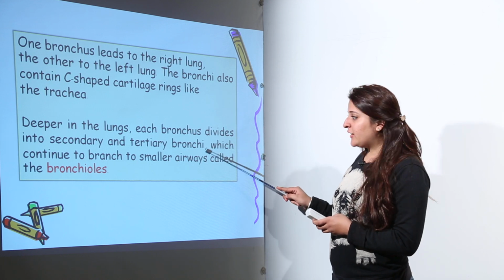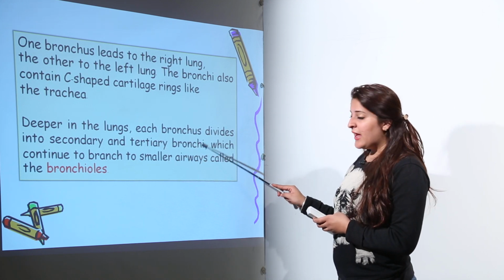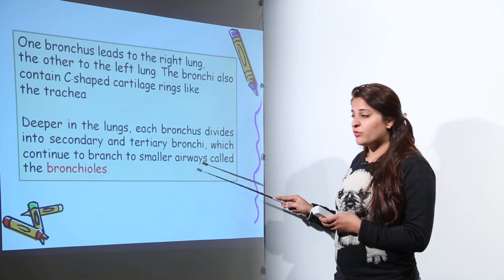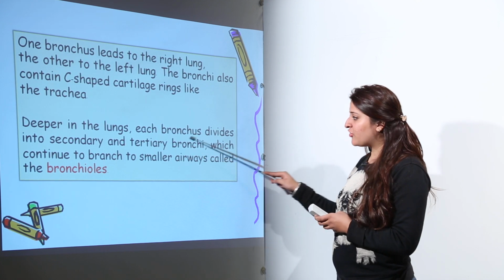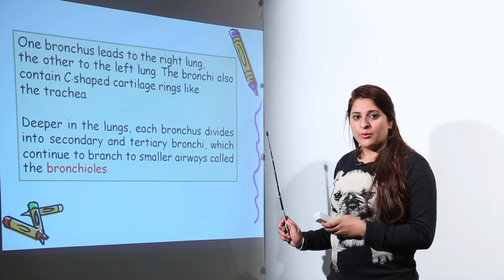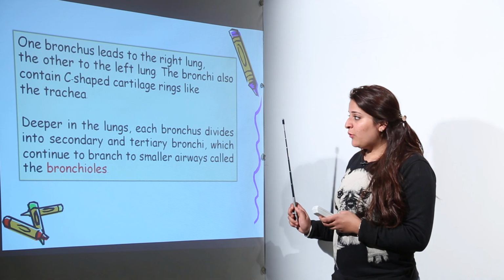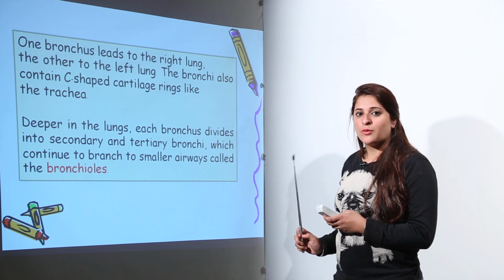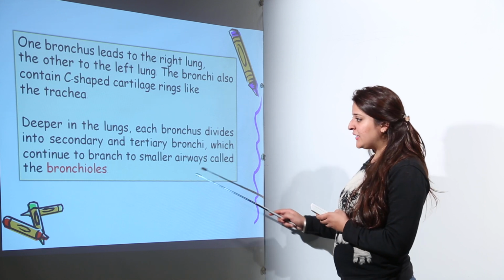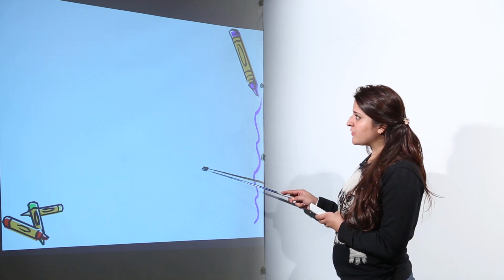It will further divide into secondary and tertiary bronchi, which continue to branch into smaller airways through which air passes. These smaller airways are known as bronchioles. So, the primary bronchus is the major bronchus, and moving into the lungs, these further divide into various other tubes, known as bronchioles.